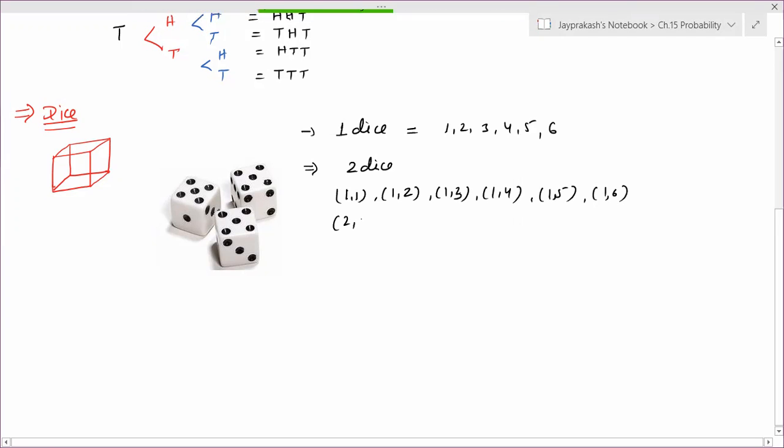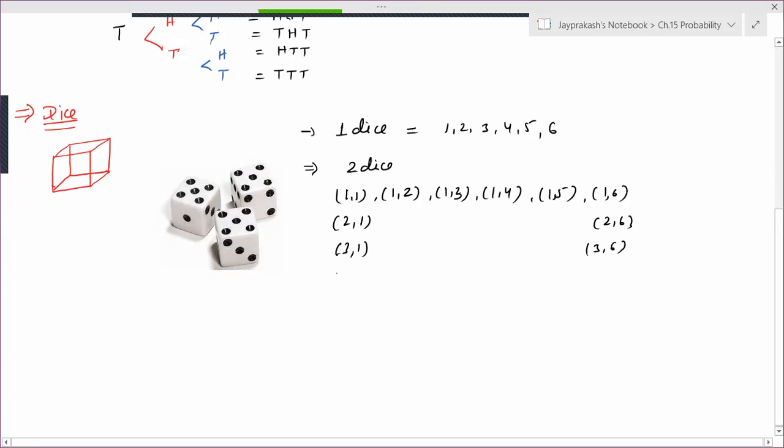When we start the next line, 2 1 till what number? 2 6. 3 1 till 3 6. Then 4 1. हाँ यह समझ में आ रहा है.